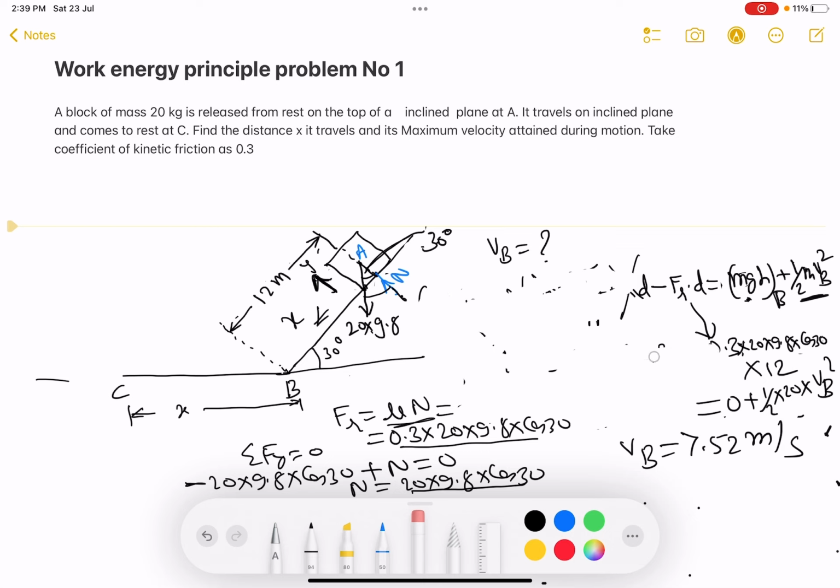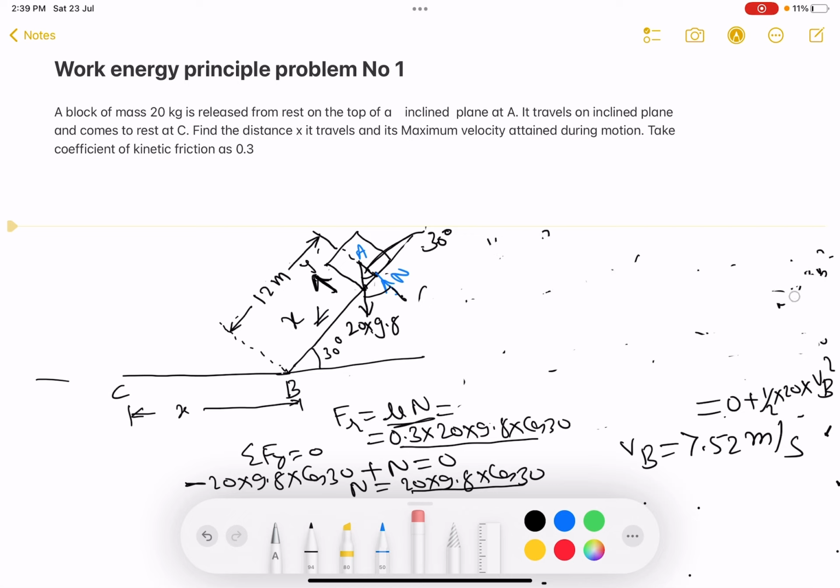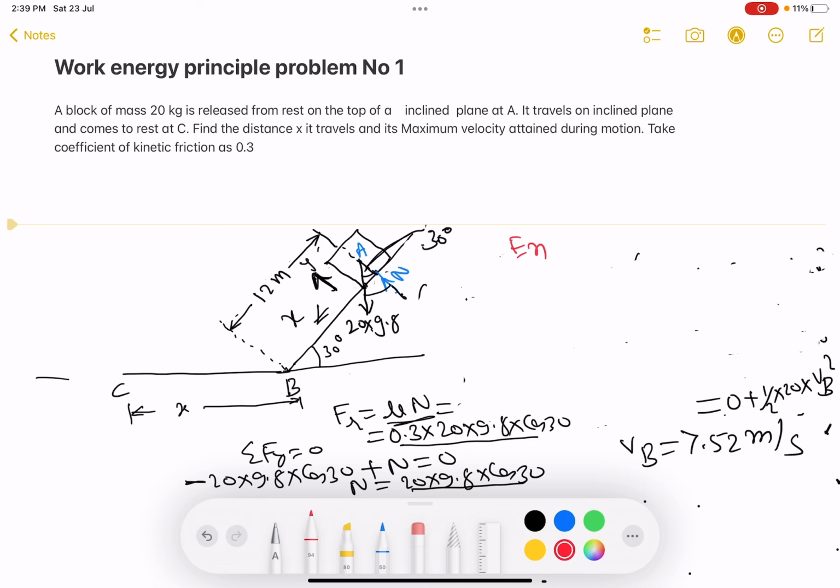Please note, we will write the work energy equation between point B and C. So again, at B we have potential energy mgh at B plus kinetic energy, half m VB square.